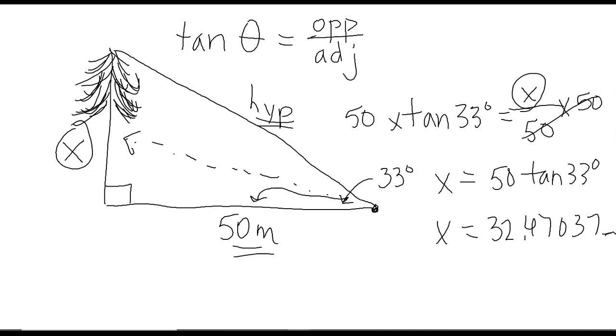So we could say x equals just the 32. If we want to use tenths, we can say x is approximately equal to 32.5. That's the tenths. The tenths place, one decimal place, the tenths. And that's generally a good place to go if they don't tell you where to round, okay?